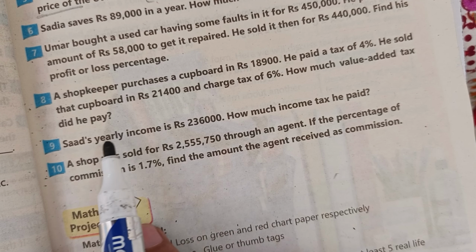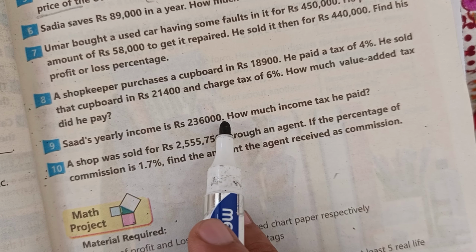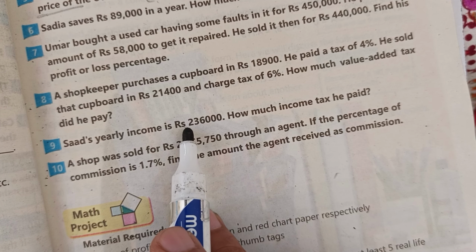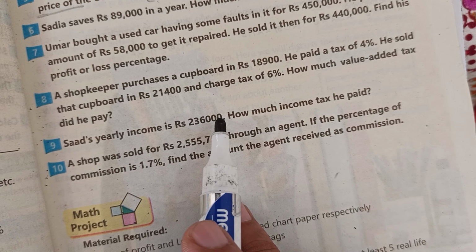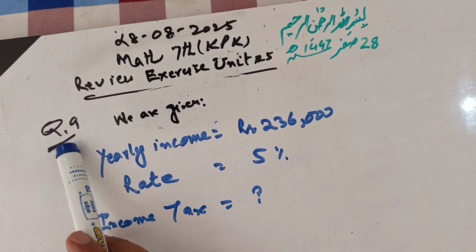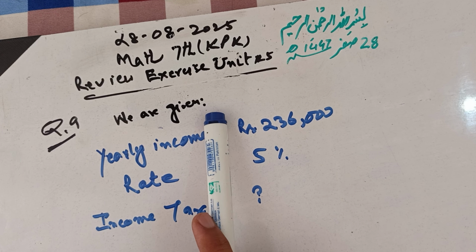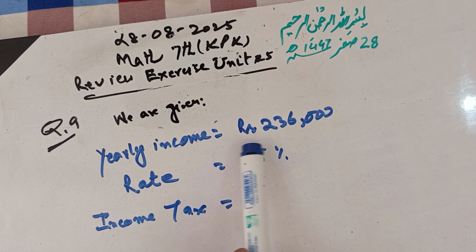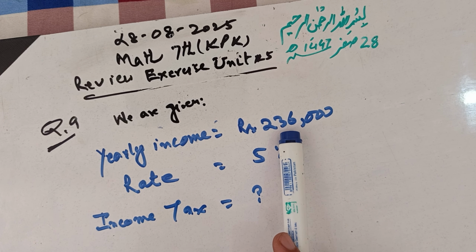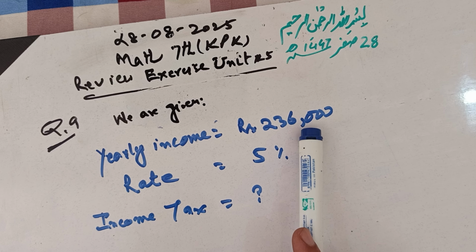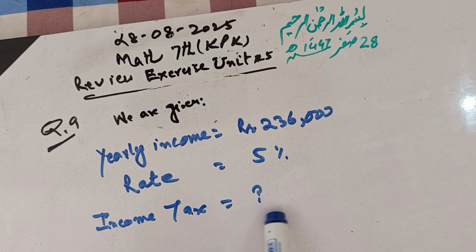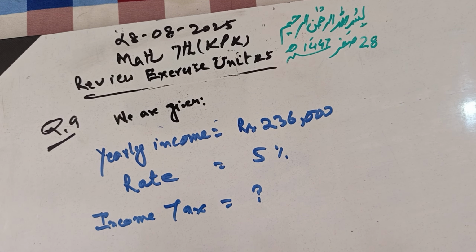Usually, the rate for income tax is 5%, so we will try it with 5%. On the whiteboard, I have written we are given yearly income 236,000, rate 5%, and income tax we have to find.